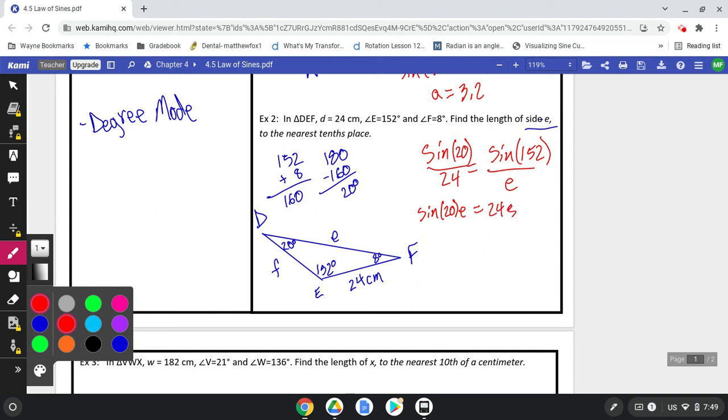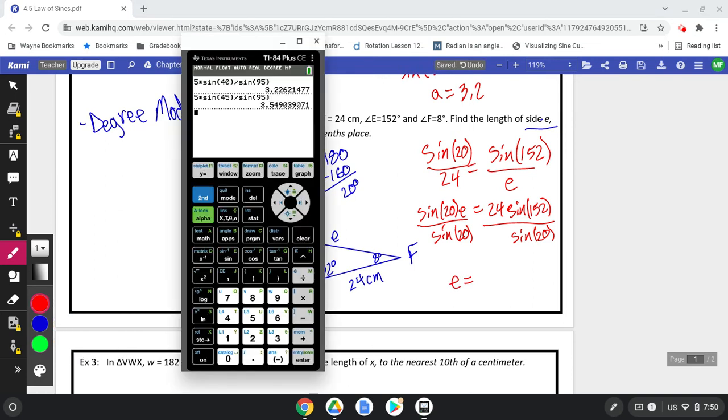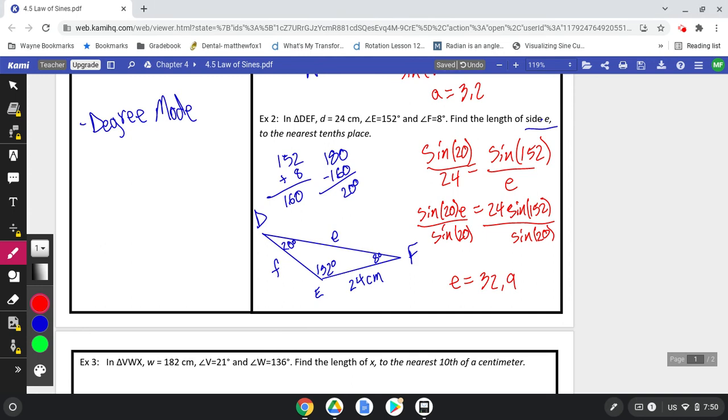And then don't forget, you've got to divide by the sine of 20 here, and we will find what e is. So once again, 24 times the sine of 152, close it, divided by the sine of 20. Close it again, hit enter, and we will get 32.9. Now on this one we have a label. It was in centimeters for the other side, so 32.9 centimeters.